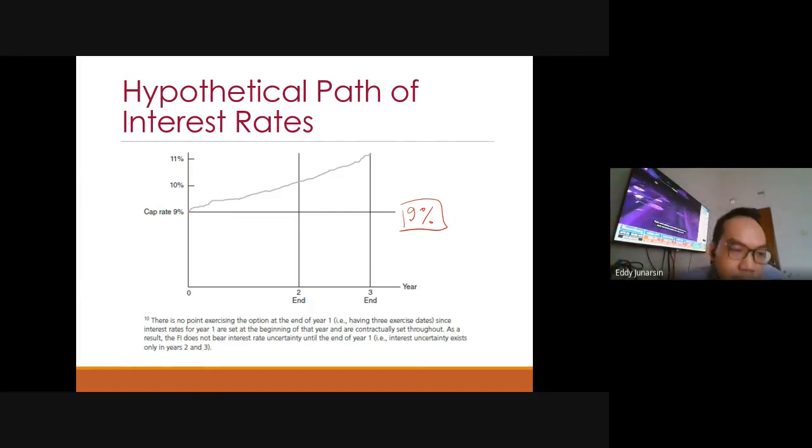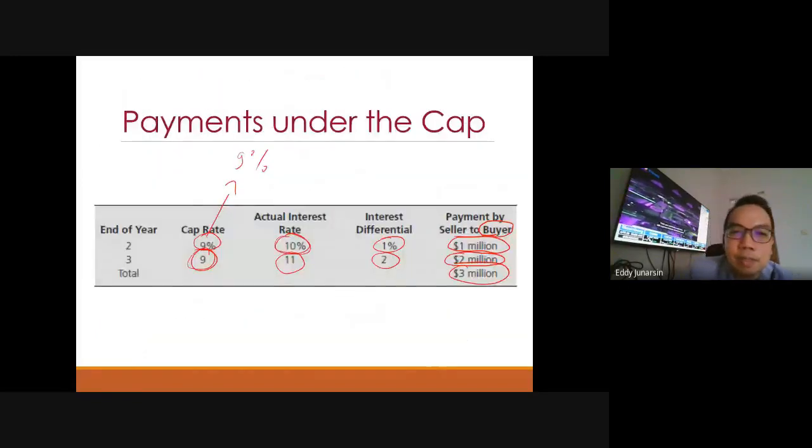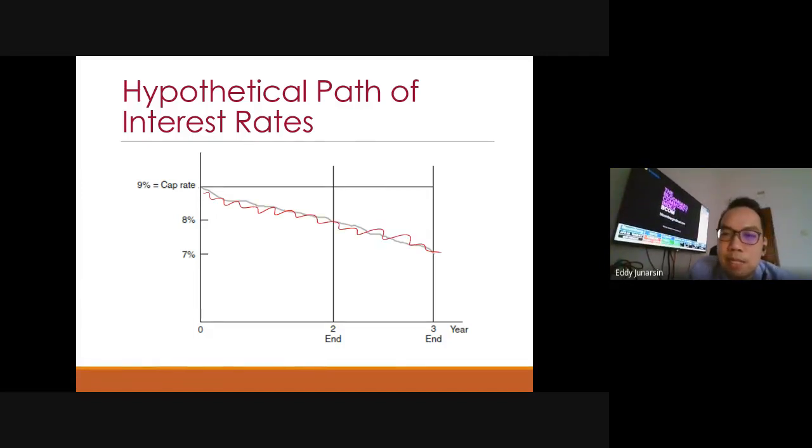Inverse floater means if the interest rate is over a certain limit, then you get money; if it goes down beyond a certain number, then you have to pay. But this is an option, right? If the cap rate is 9%, but the actual interest rates are below 9%, then you get nothing.